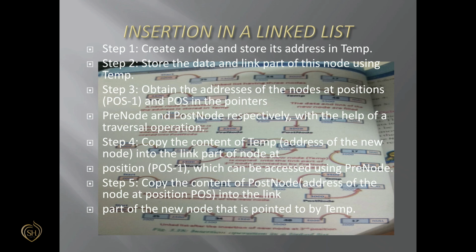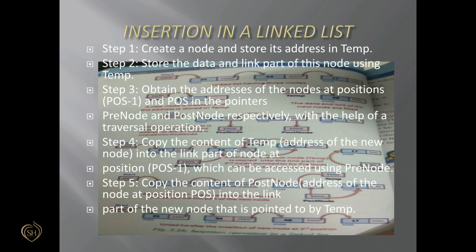The algorithm we are seeing here is the in-between algorithm. Create a node and store its address in temp. Store the data and link part of this node using temp. Obtain the address of the nodes at position pos-1 and pos in the pointers, that is pre-node and post-node respectively, with the help of a traversal node.